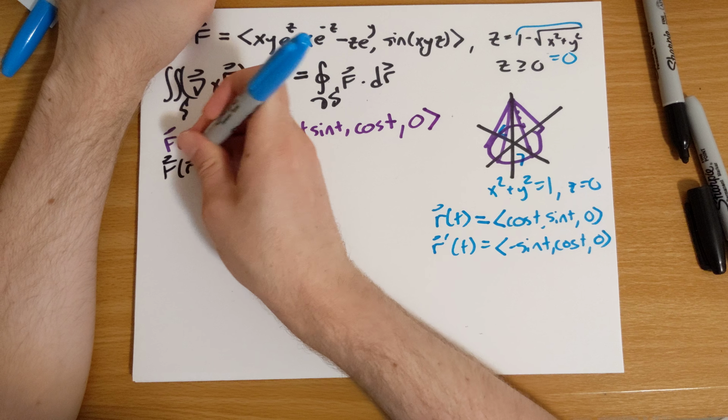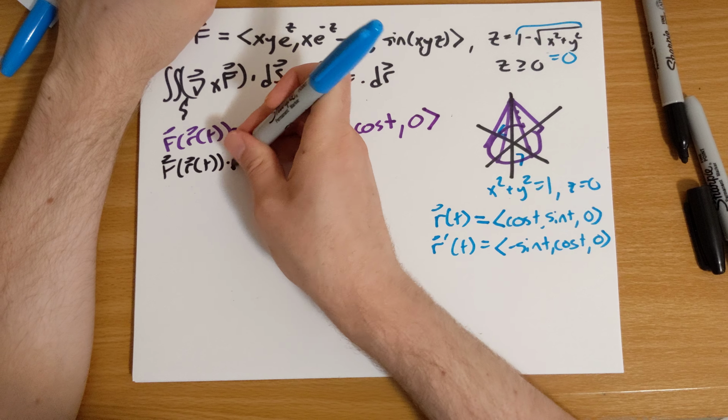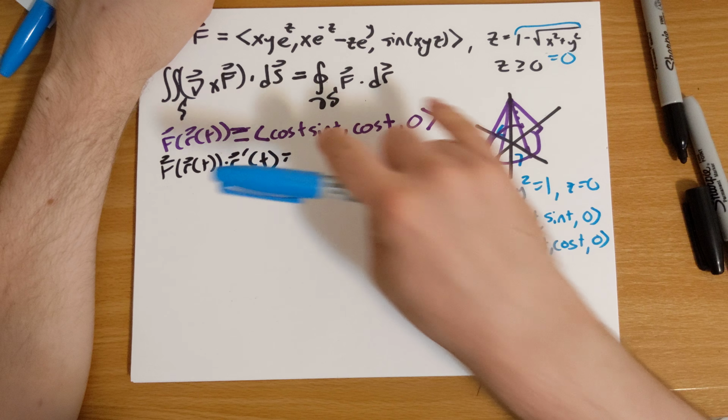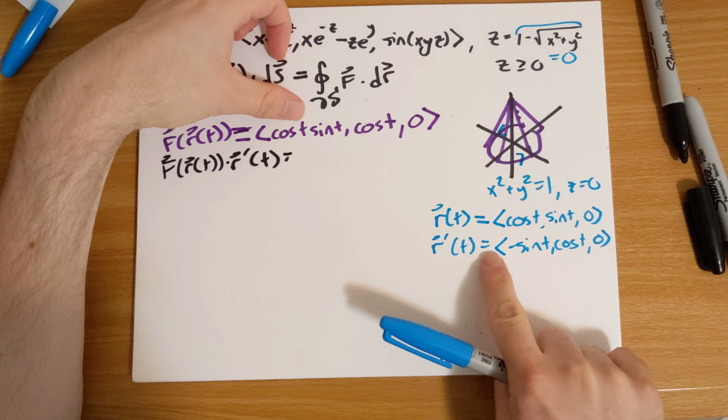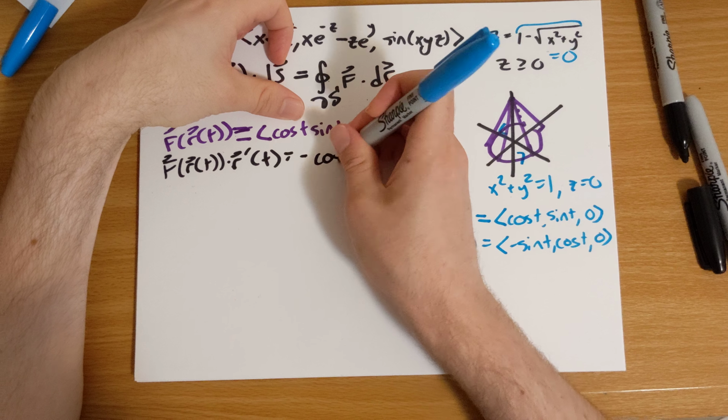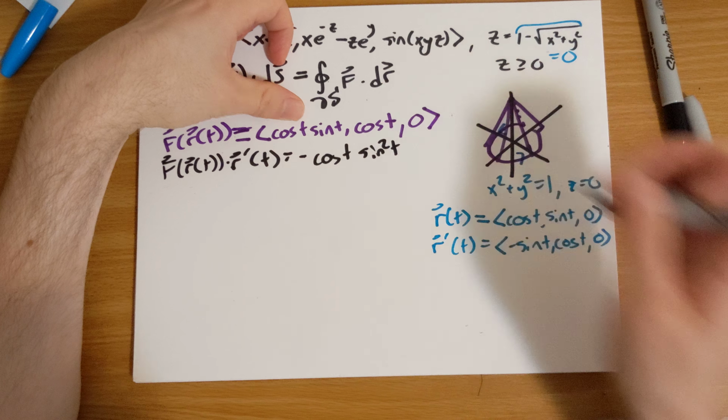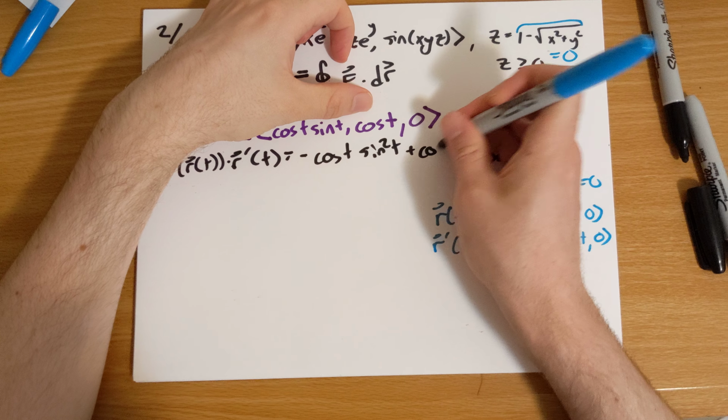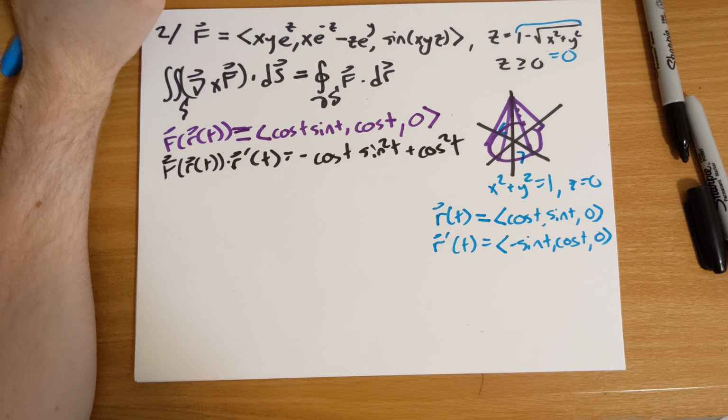And then we compute f of r of t dot product with r prime of t. This dot product will give us negative cosine t sine squared t plus cosine squared t plus 0.